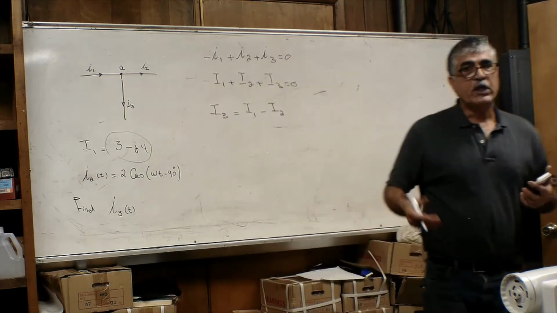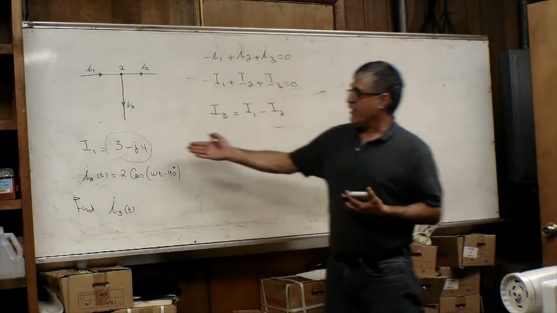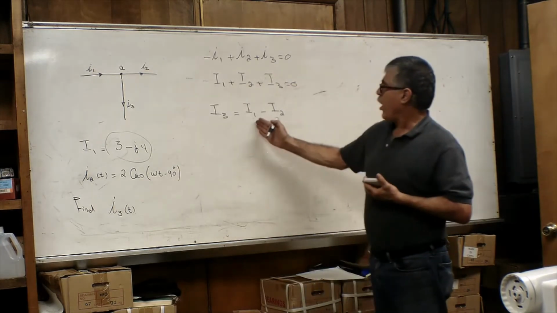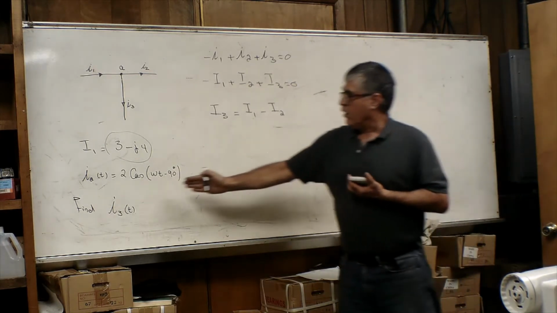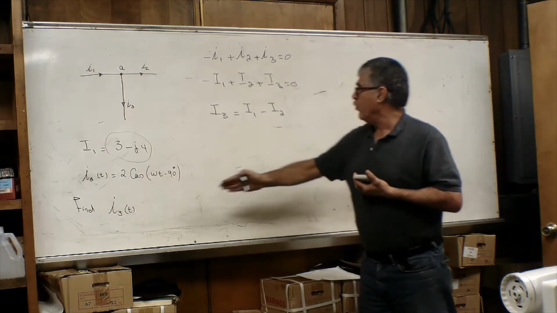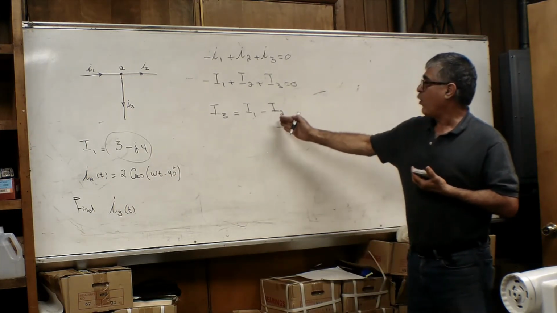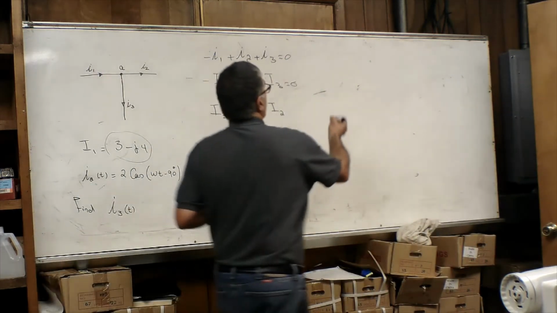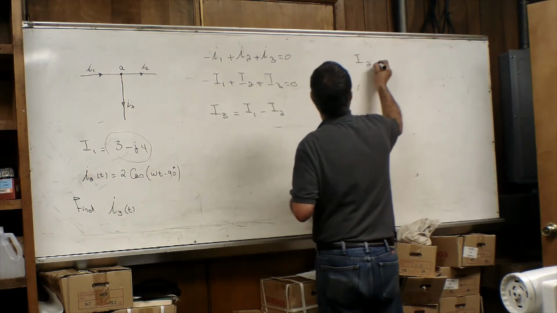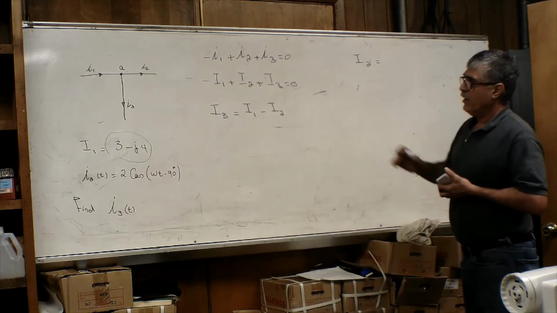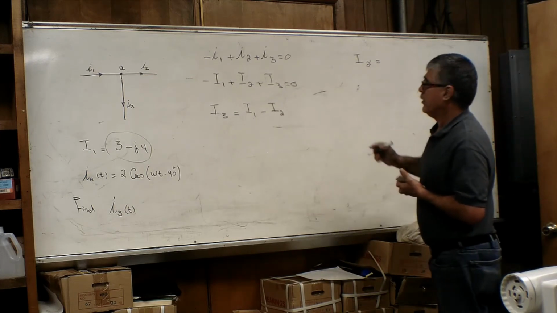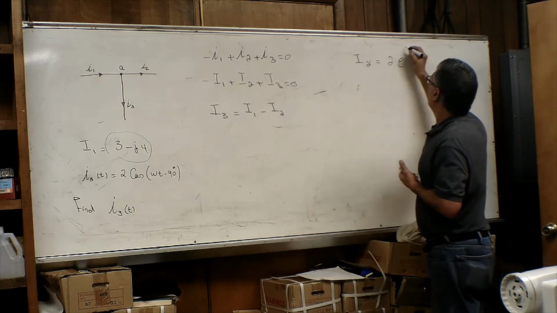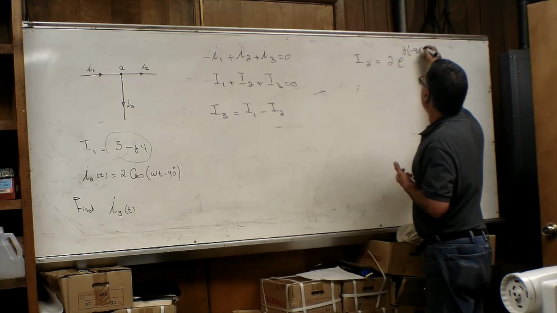And we know that for addition and subtraction, the rectangular form is the best way. We already have the rectangular form for I1, so now with the time expression for I2, we can find the rectangular form for I2 also. We can write I2 in phasor expression as 2 e to the power j minus 90 degrees.